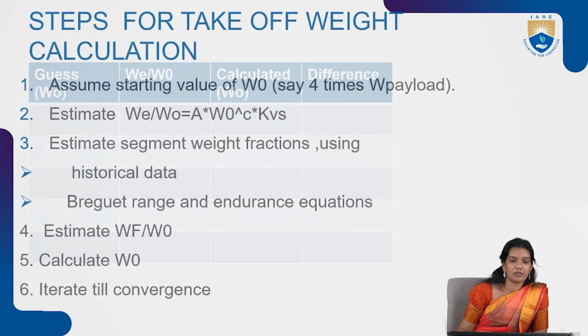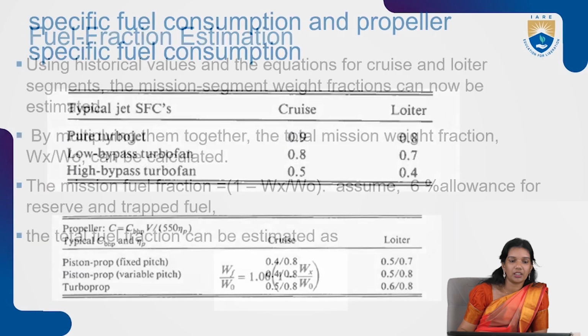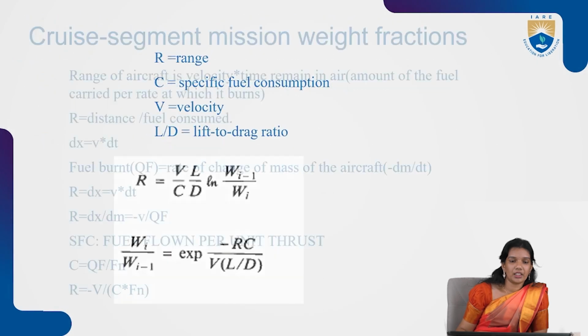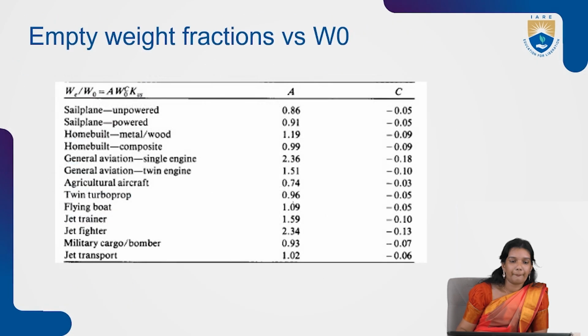Now let us go back to the historical trends of calculating the empty weight fraction and let us see. So how much is it? From here, all the data is given to you. If it is unpowered, you can note down your A and C values. If it is a jet trainer, a jet fighter, an anti-submarine warfare, a bomber aircraft, or a jet transport, you know your values.